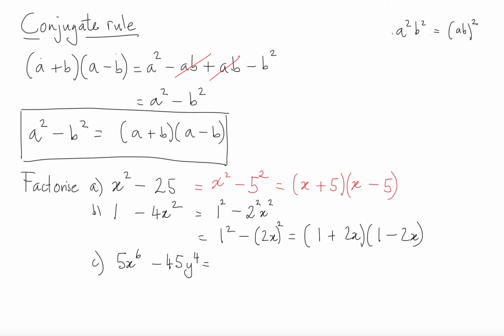So let's try factorizing this one first. Well, if we look carefully, there's a 5 common to both 5 and 45. This is 1 times 5, and this is 9 times 5. So if we take out the 5 out the front first, we're left with x to the power 6 minus 9y to the power 4.